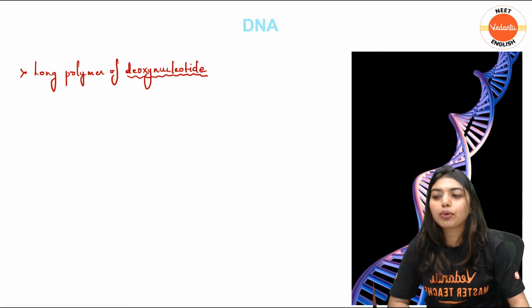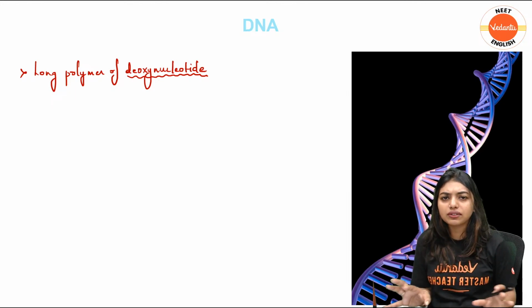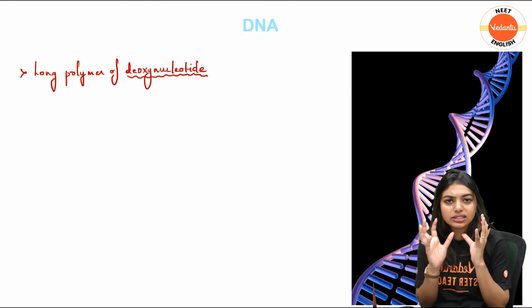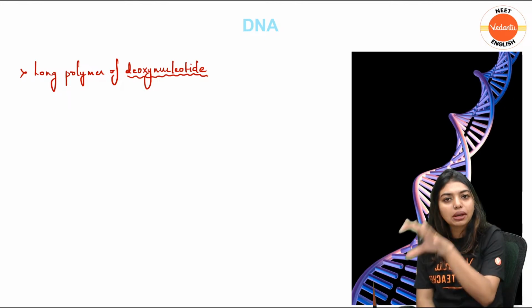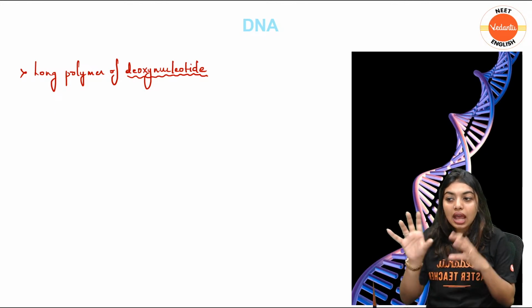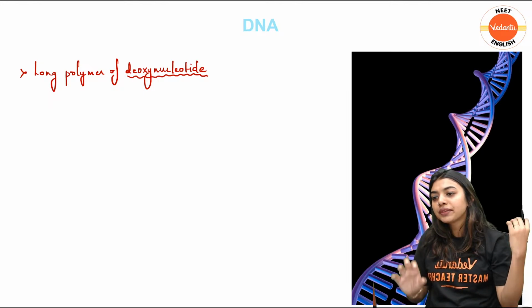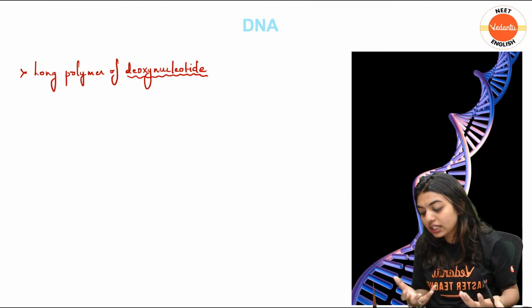So it's a long polymer of deoxynucleotide. We will understand what is nucleotide. Do not even worry. Just as of now, understand what is there in your NCERT. These all lines are from NCERT. I've kept NCERT with me, so I do not even miss one line. I will make sure that everything of NCERT is covered. So it is a long polymer of deoxynucleotide.